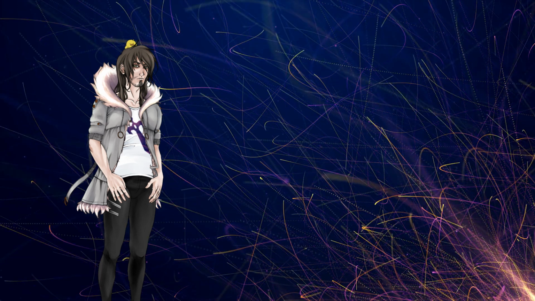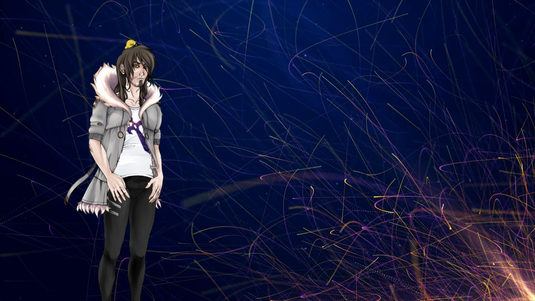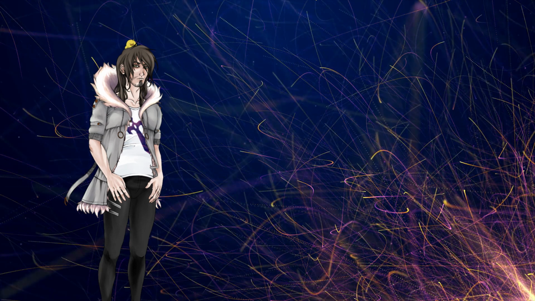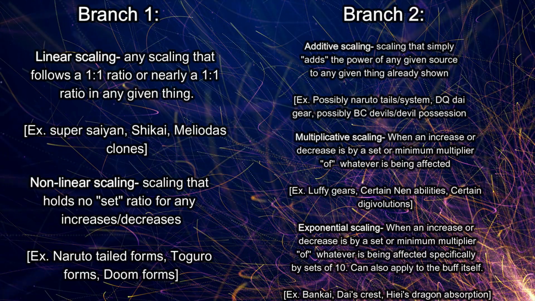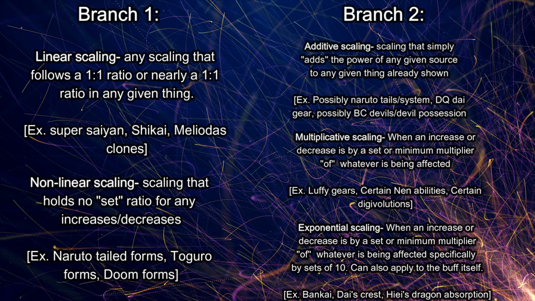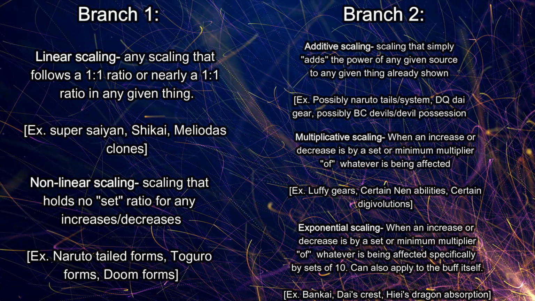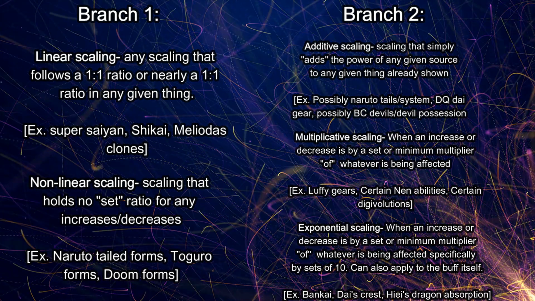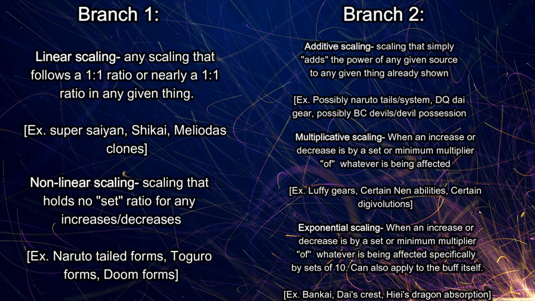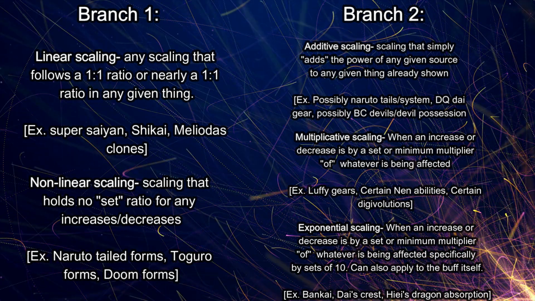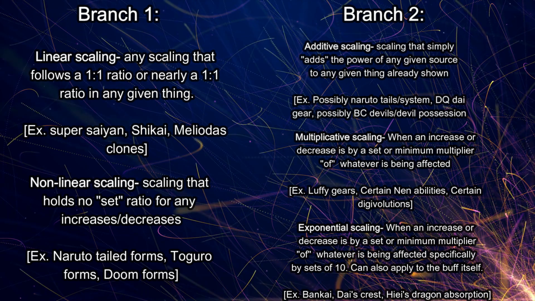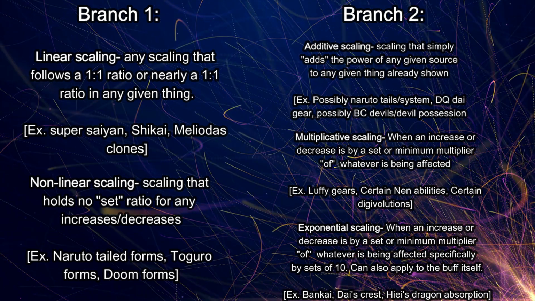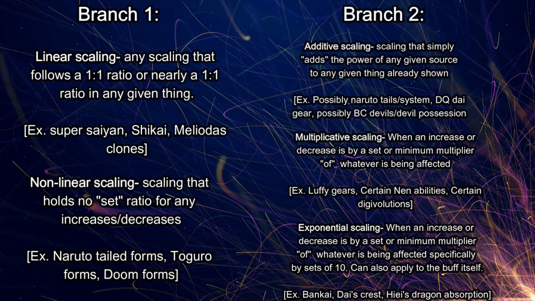Alright, moving beyond irregular scaling, let's look at both branches of scaling so we have a full picture. Now, on the left, we have linear and nonlinear with the examples. On the right, we have additive, multiplicative, and exponential scaling with their examples. Now, what I want is for those of you watching or listening to consider, why do I have these two branches? Why separate them?